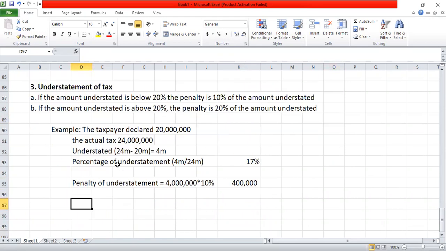Now, if a taxpayer realizes and voluntarily declares the amount understated on time, the taxpayer will not pay additional penalty. But if the taxpayer is issued with a notice of assessment on under declaration, then they are going to pay an additional penalty.